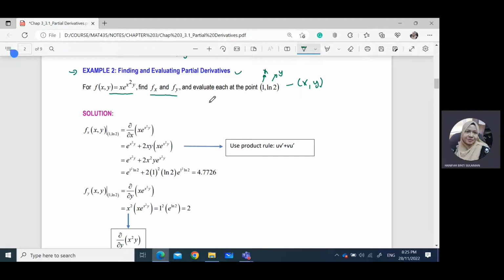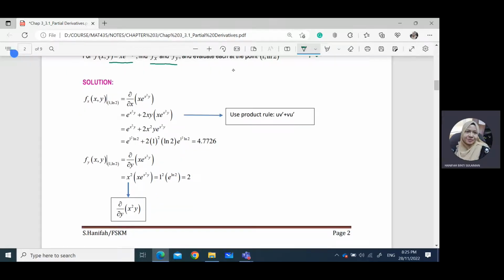So now we need to find the derivative with respect to x. When we differentiate with respect to x, y remains as a constant. So we differentiate with respect to x on x exponent x squared y. So here we have exponent x squared y plus 2xy times x exponent of x squared y.